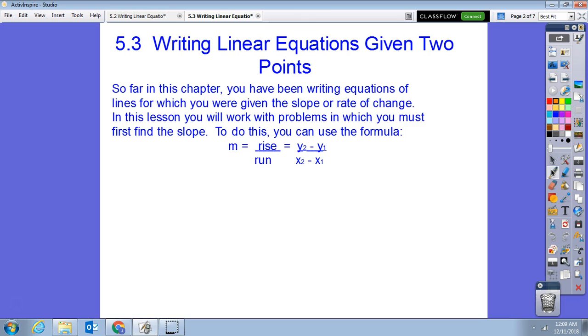In this lesson, we're going to work with problems in which we first have to find the slope. To do this, you've got the same old formula that you've been using in the previous chapters: y2 minus y1 over x2 minus x1.